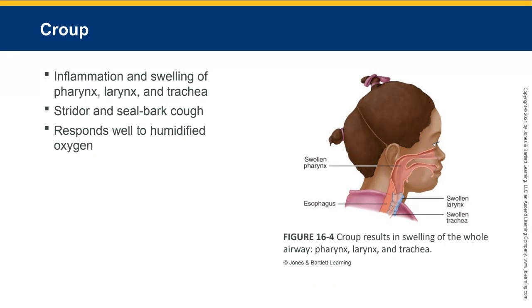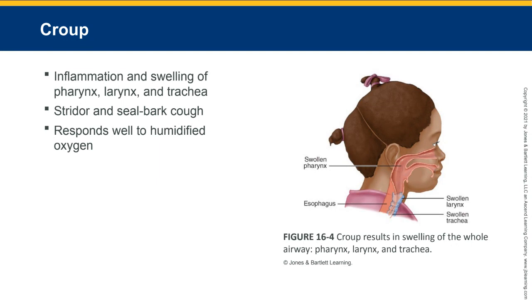It causes stridor and a seal bark cough. Stridor is a high-pitched wheezing type sound that you can hear without putting a stethoscope on the patient's chest, and it indicates that something is wrong with the patient's upper airway.